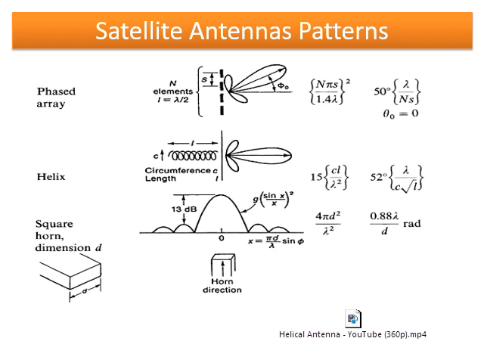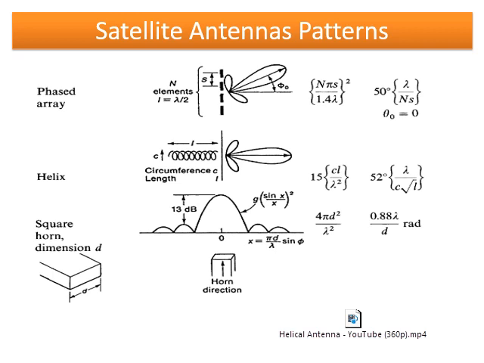It is nothing but the use of an array in the antenna, in the satellite, which is an advancement in satellite technology. So phased array, again a 50 degree radiation pattern, beam width means.